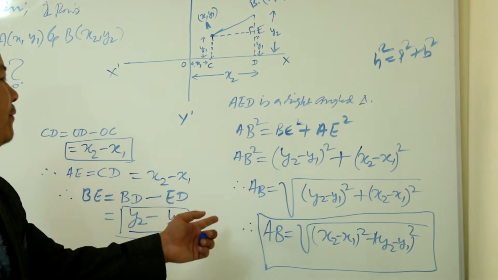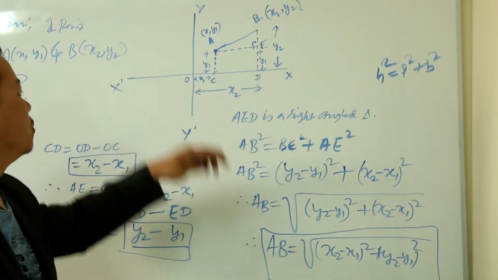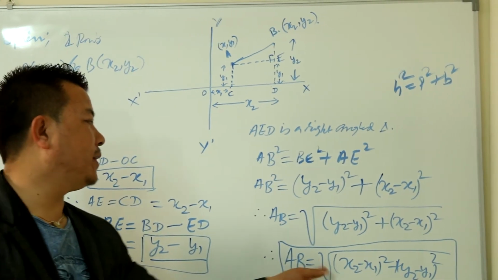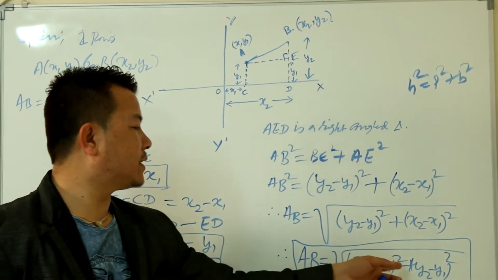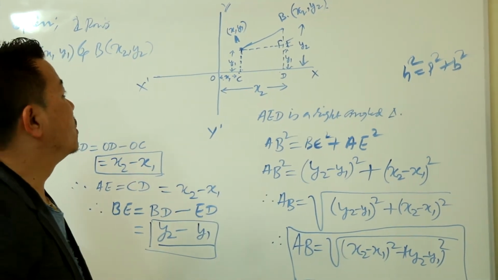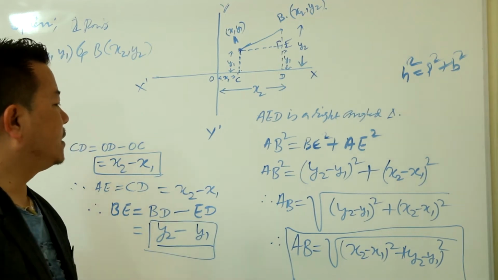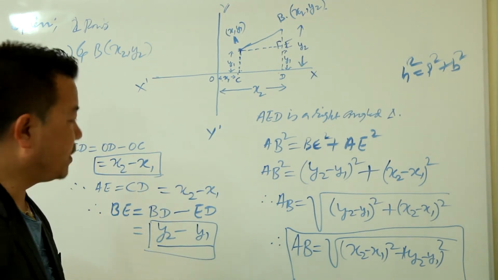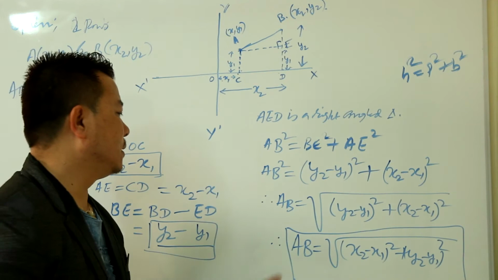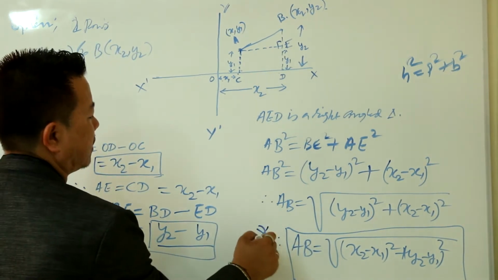So this way we have derived the distance formula of any 2 points. This is the formula that you should remember, and let's do some examples. This is a very important formula.